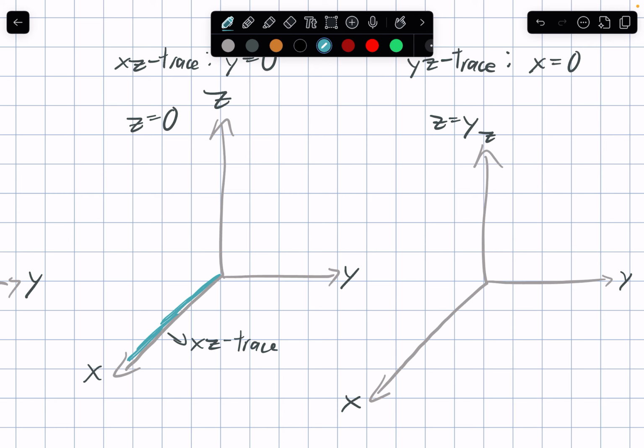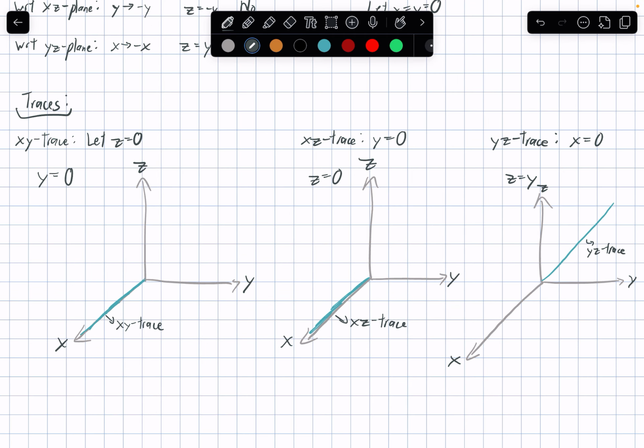So essentially, in this kind of scenario, there is a 45-degree line on the yz plane. This is gonna be your yz trace. It is lying on the yz plane, in other words, lying on the x equal to 0 plane. The xy plane is, in other words, called the z is equal to 0 plane.